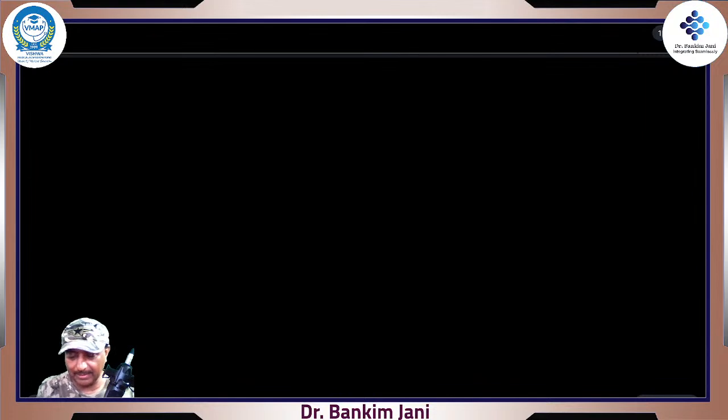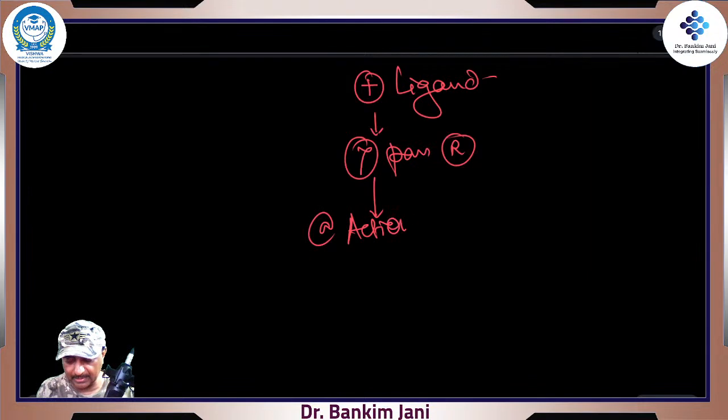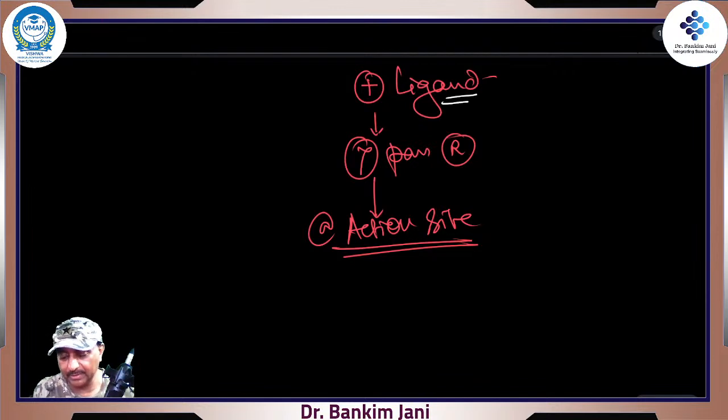So here, if we write it like that, the stimulatory ligand sends the message to that 7-pass receptor. And then at the action site, there would be some action, correct? So we'll call this particular ligand, it could be anything.